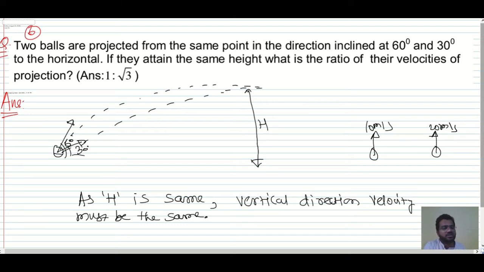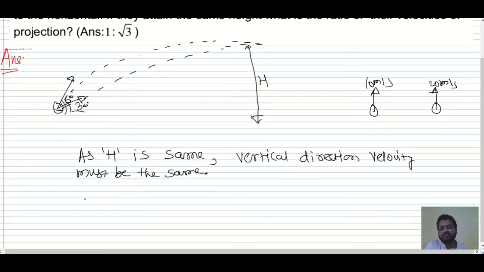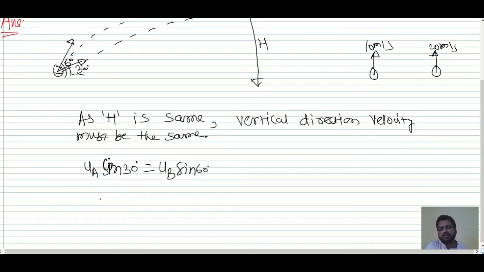So the vertical direction velocity for the first ball and the second ball must be the same. For the first ball, the vertical direction velocity is UA sine 30 degrees. And for the second ball, it is UB sine 60 degrees. So what is the ratio we have? UA divided by UB is equal to sine 60, which is root 3 by 2, divided by sine 30, which is 1 by 2.